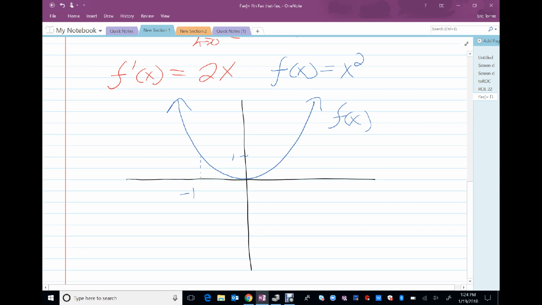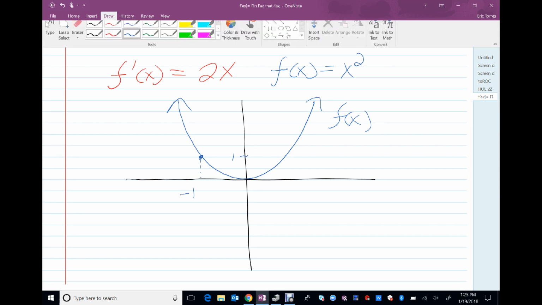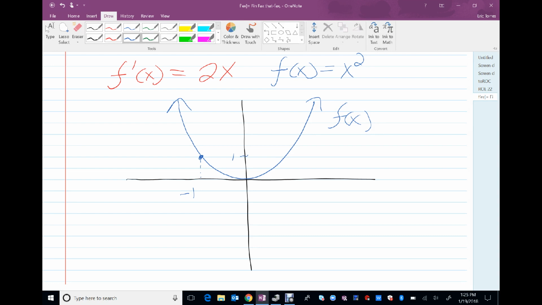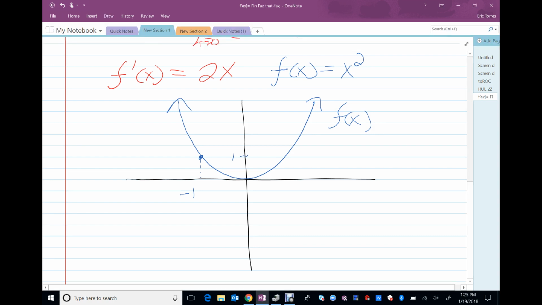So I'm at this point, negative 1, 1. If I was just to draw an idea of what the tangent line looked like there, which I'll do in green, it looks something like that, rough graph. And the slope of this tangent line is clearly negative.